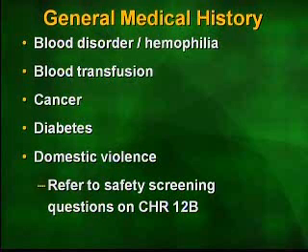Sometimes it's like trying to put a puzzle together. You want to ask about cancer, diabetes, domestic violence, and that safety screen that we have in our assessment on the CHR, 12B, is a good thing to refer to. That's a good opening just to say, okay, are you safe in your home?